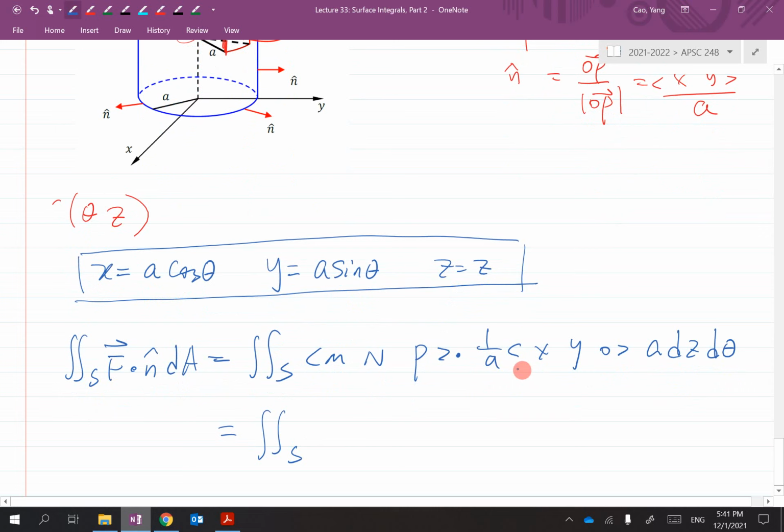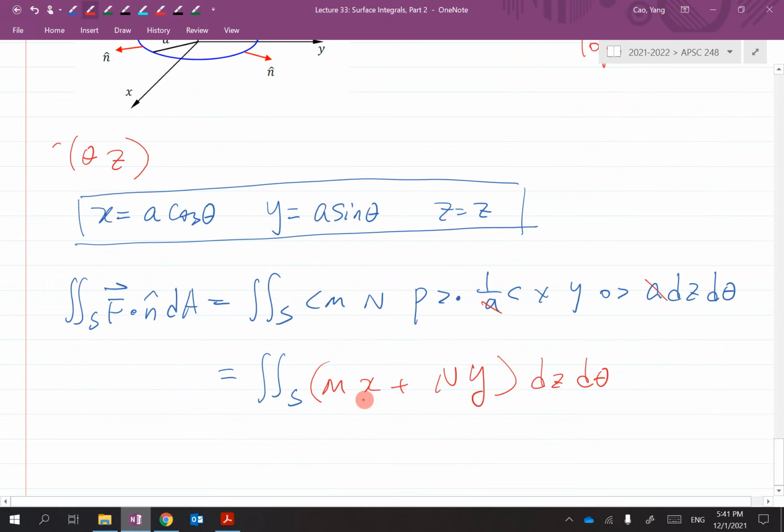The dot product gives you 1 over a, well, this 1 over a cancels with this a. So you end up with just m times x plus n times y, dz d theta.